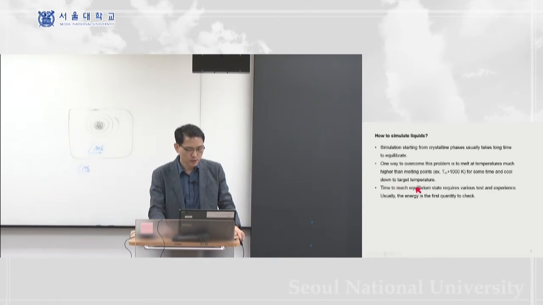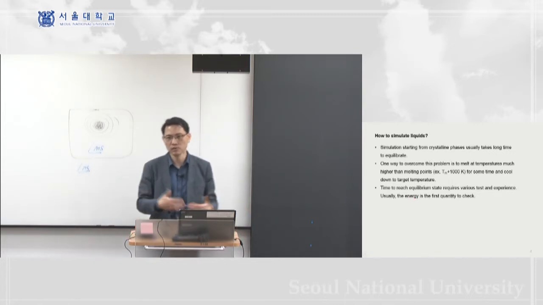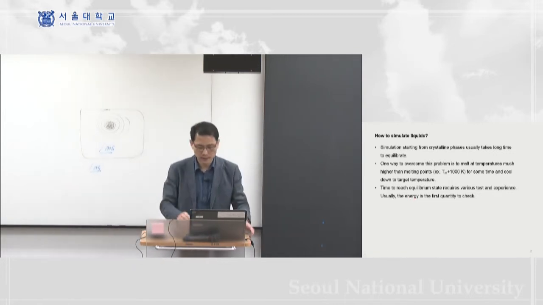The time to reach the equilibrium state requires various tests because it depends on the system, case by case. You check various things, for example the energy, or if you are serious, you can calculate the self-diffusion coefficient to see that it is constant.